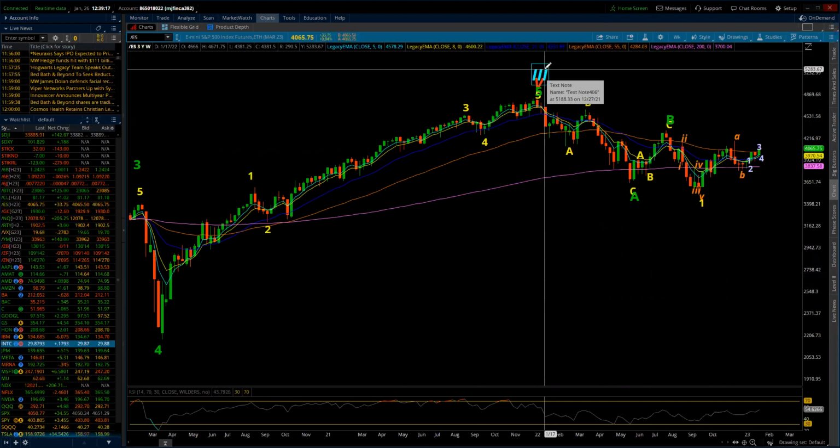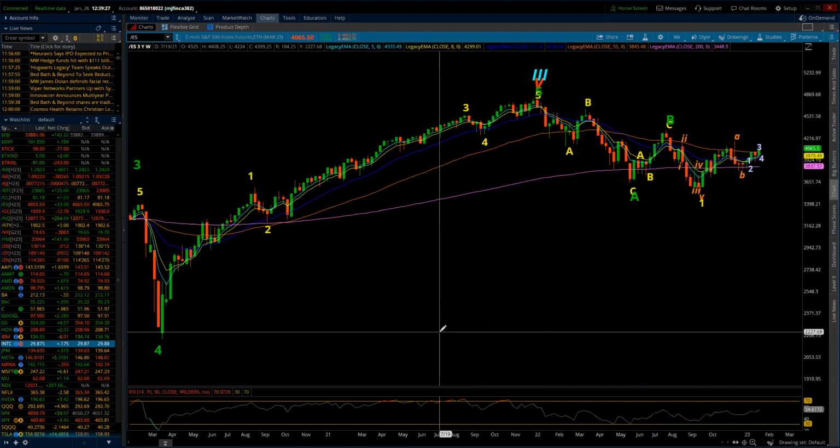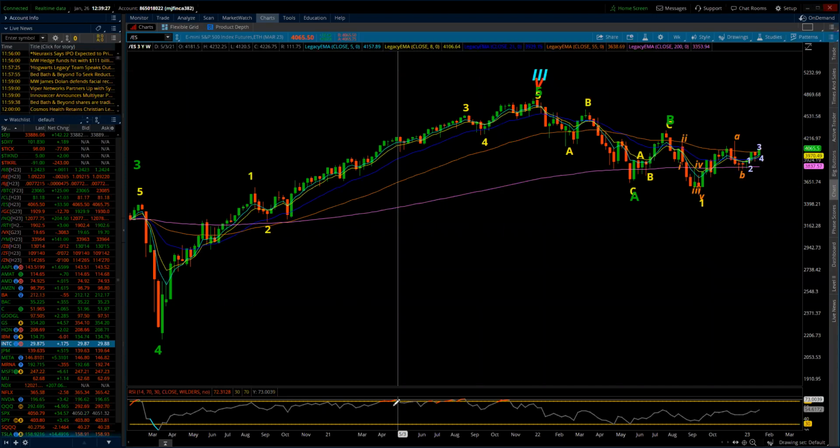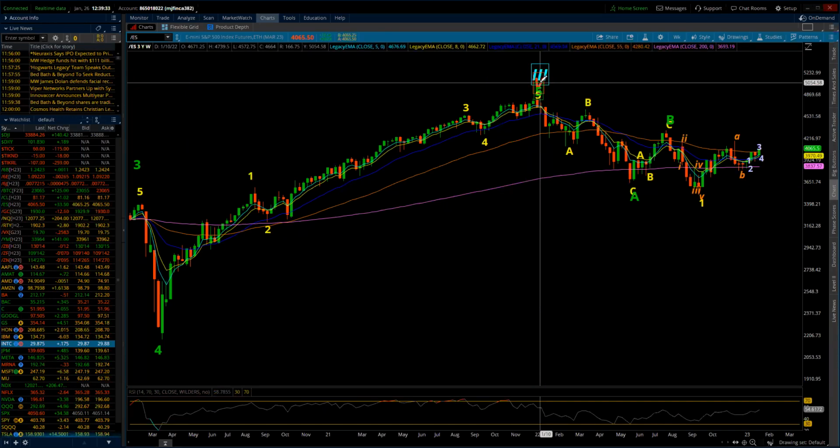So if I am looking at that, we got to have a super cycle wave 4 correction. What's going to be inside of that super cycle wave 4 correction? It's going to be 3 waves of cycle degree labeled ABC.